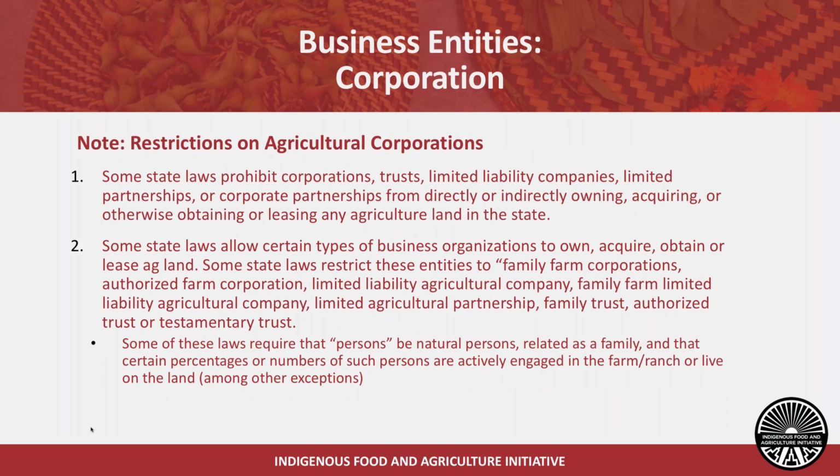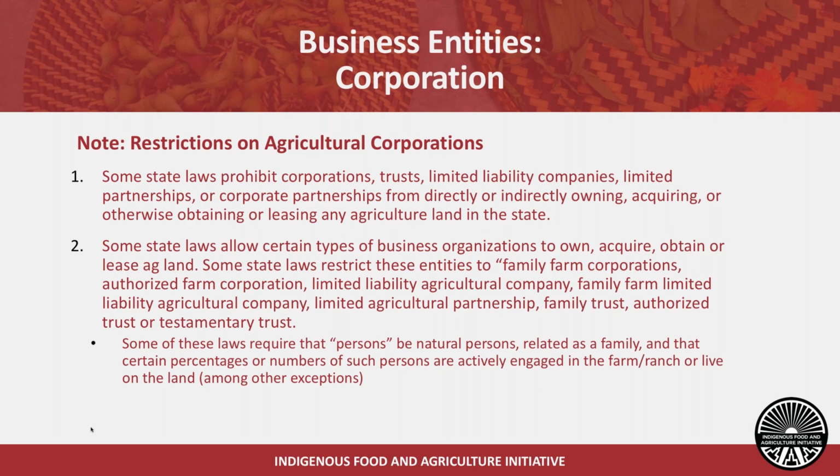A couple notes here for agricultural corporations. There are some states that prohibit corporations, trusts, LLCs, LPs, and corporate partnerships from directly or indirectly owning, acquiring, or otherwise obtaining or leasing any agricultural land in that state, kind of to make sure that it stays with individuals.